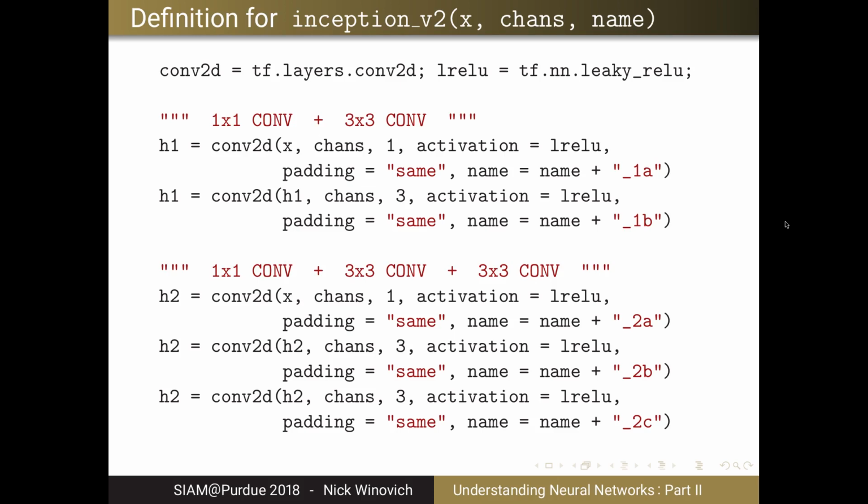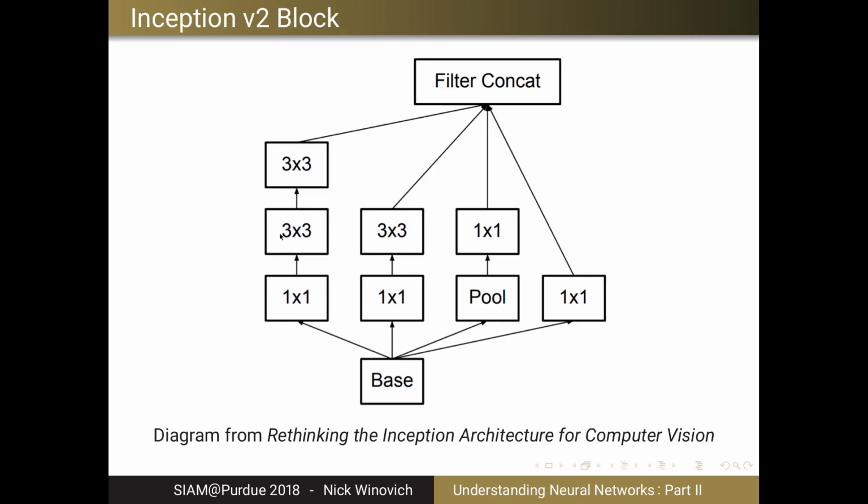So to implement this, I would recommend defining a custom layer, which is relatively easy to do. Just say def inception v2, for example, if we want to implement that final version. And what we basically do is define towers, these kind of compositions of layers, for each of the blocks in the diagram.